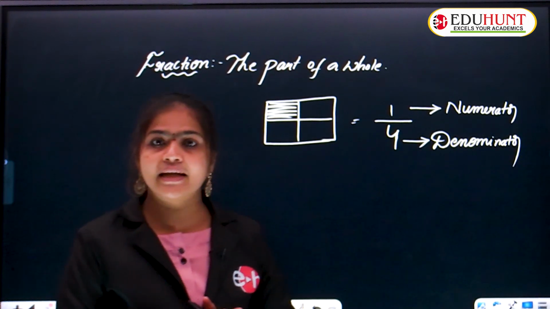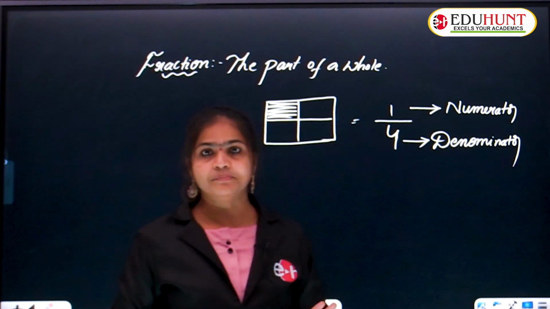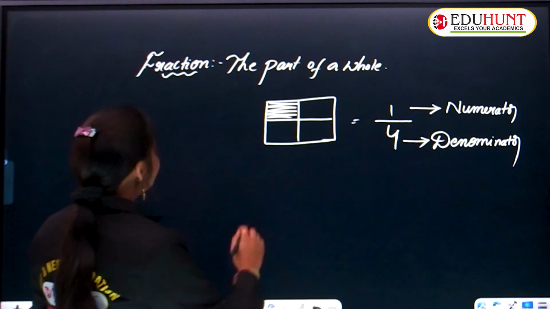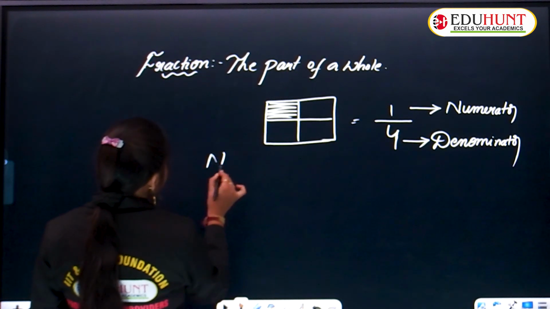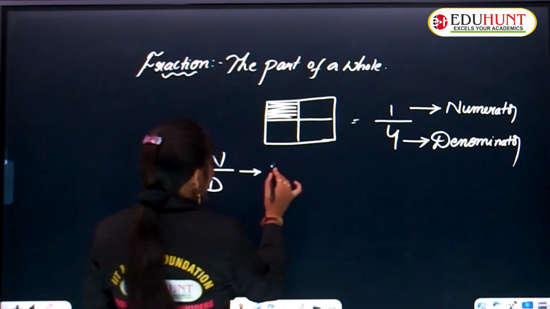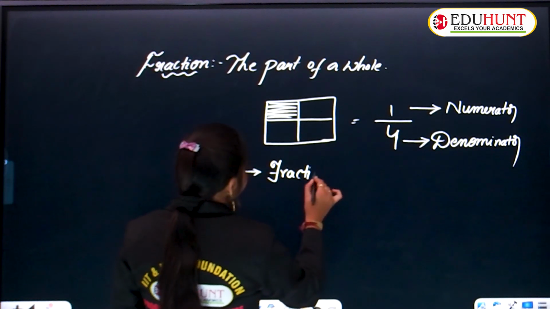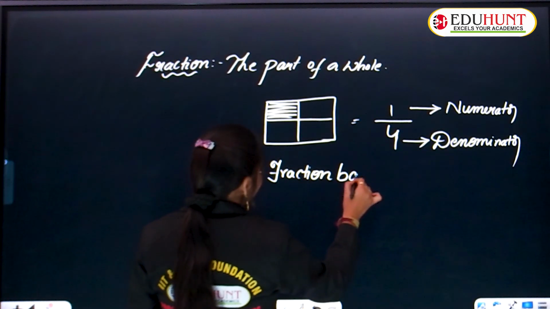Now we can write a fraction as numerator by denominator. This bar is called the fraction bar, or vinculum.